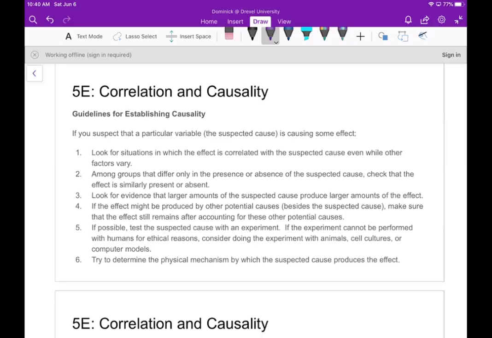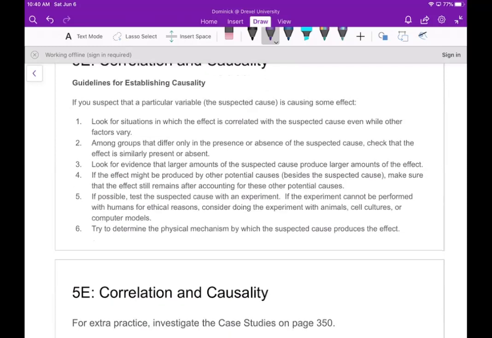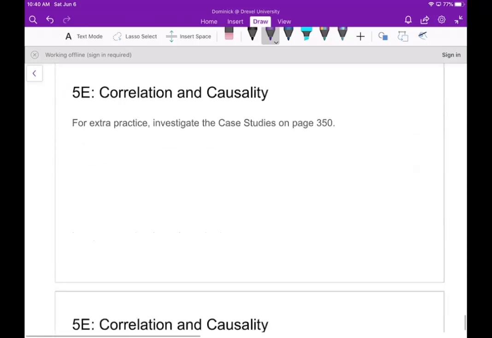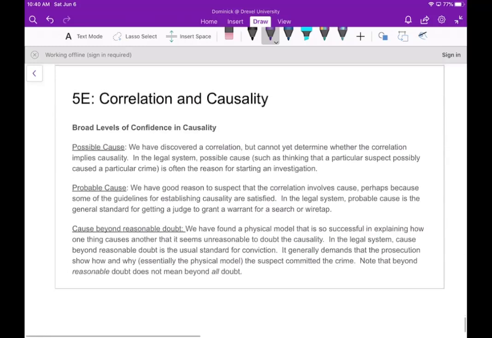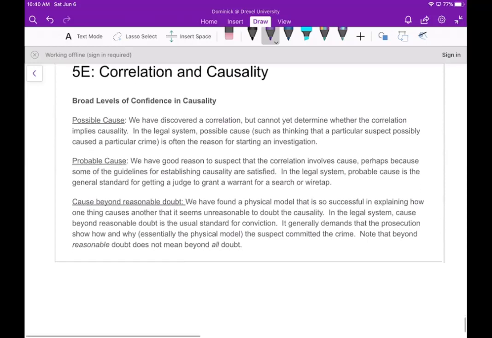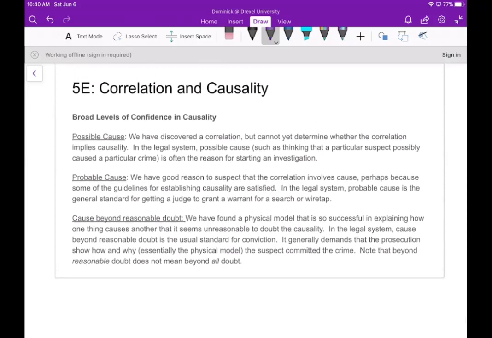Now, if you can't perform the experiment with humans for ethical reasons, you can either use cell cultures or computer models or animals if that's also ethically safe as well. And then, of course, the last thing, try to determine the physical mechanism by which the suspected cause produces the effect.